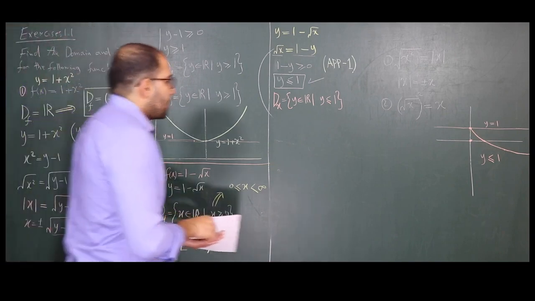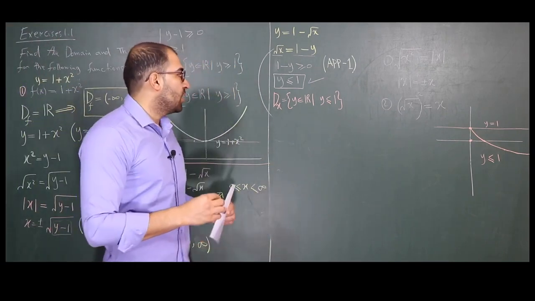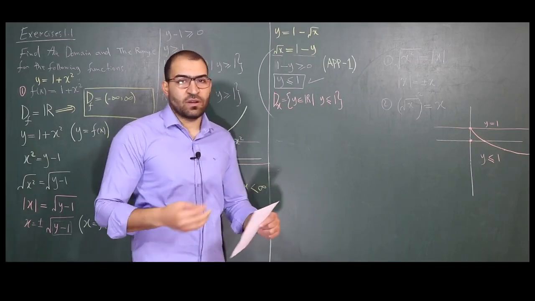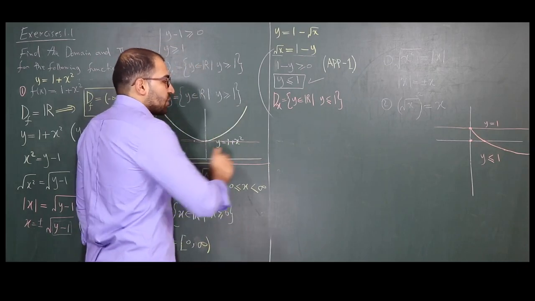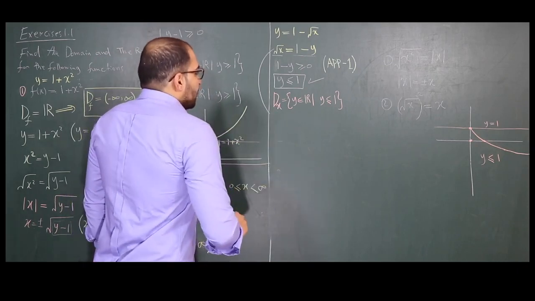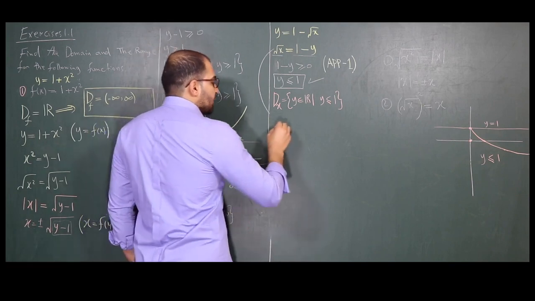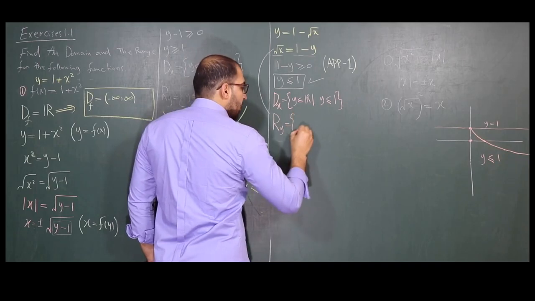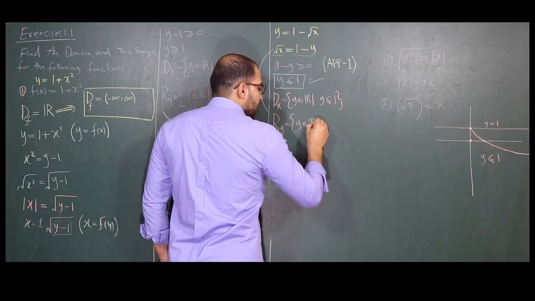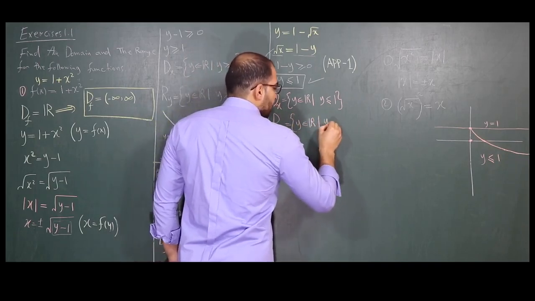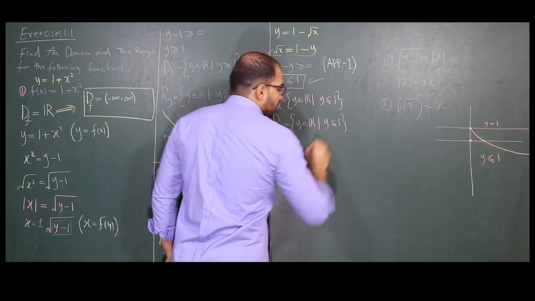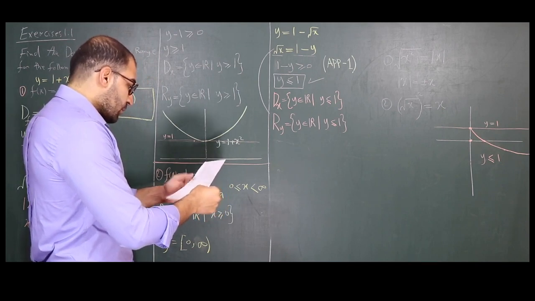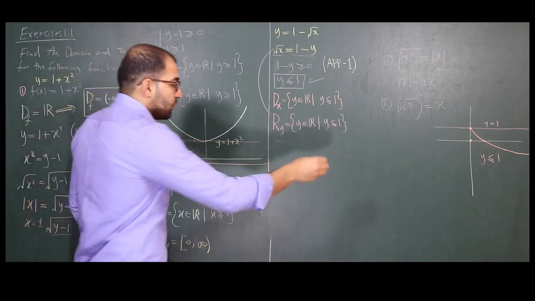Okay, so I just tried to predict what the student could do wrong and get a wrong result. So now I'm going to say that the range of the original function, which is y, equals y in the real line such that y is less than or equal to 1. I'm going to plot it here.